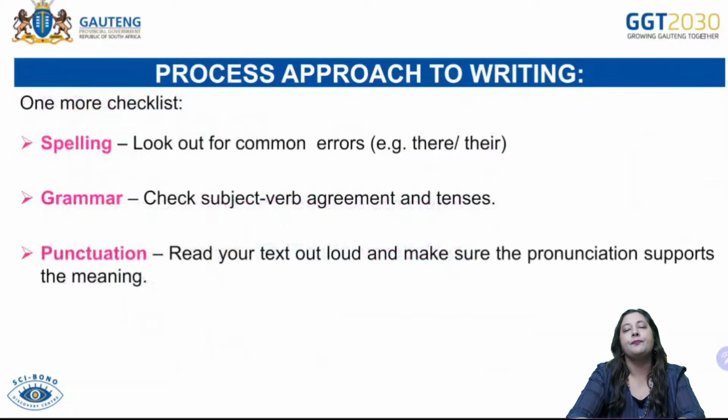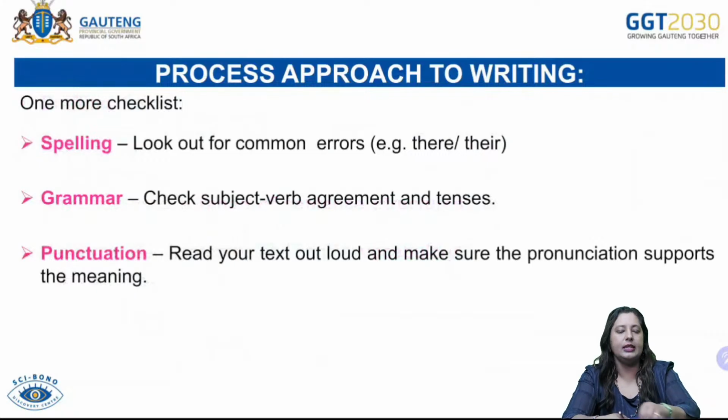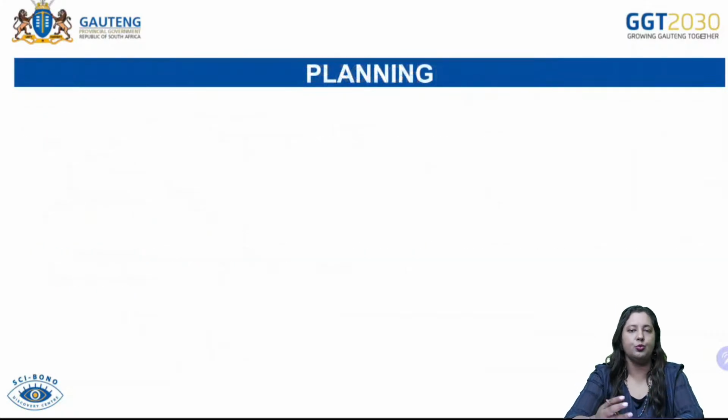Your tenses. You are allowed to vary the tense, yes, but ensure that it's done correctly, okay? So you can move between present and past, it's fine, but make sure that it's done correctly. My punctuation marks I mentioned to you before, please make sure that that particular punctuation mark supports the actual meaning of what you want to say.